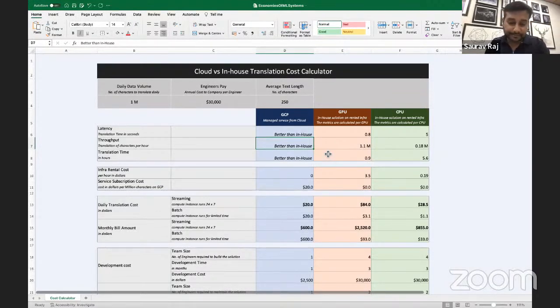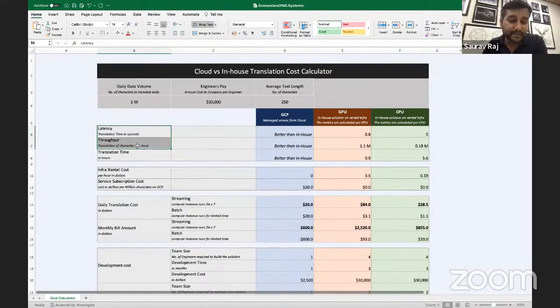So these performance parameters, latency and throughput, are important to talk about because they directly impact the cost that is going to be incurred. The better these numbers are, the lesser the cost. The higher the throughput or the lower the latency, the less you would pay to translate a text from one language to another.